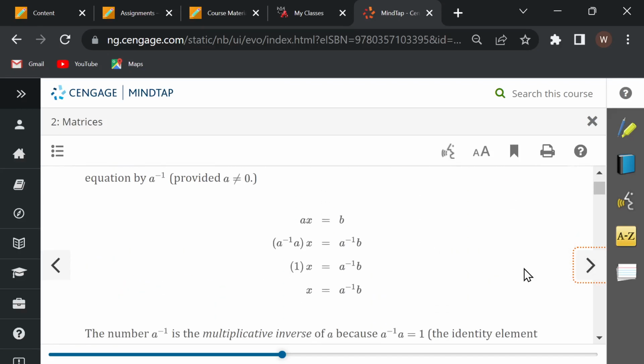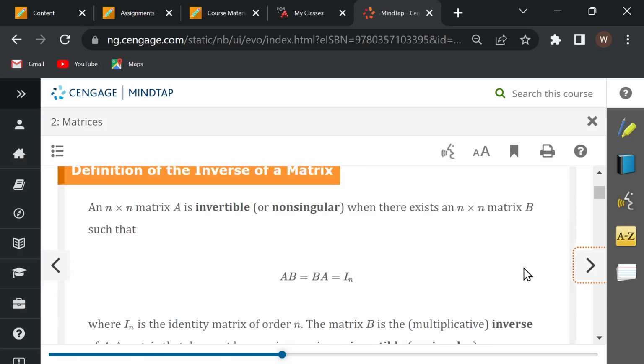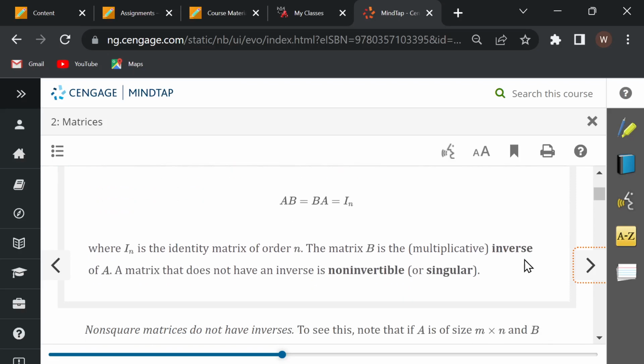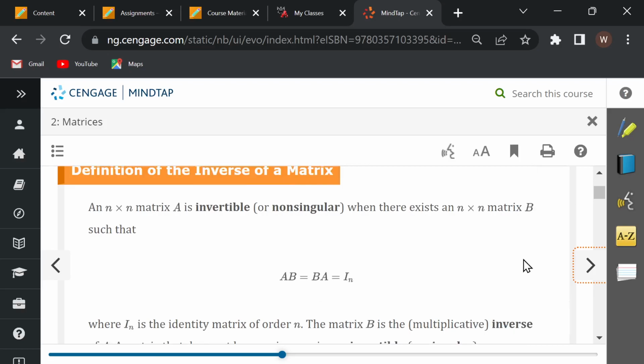Now, this is what inverses look like in college algebra or in high school, K through 12. And this is what inverses look like for a non-singular or invertible n by n matrix. It's important that you remember that singular and non-singular are adjectives that only apply to square matrices. If it's overdetermined or underdetermined, we don't use the phrase singular or non-singular.